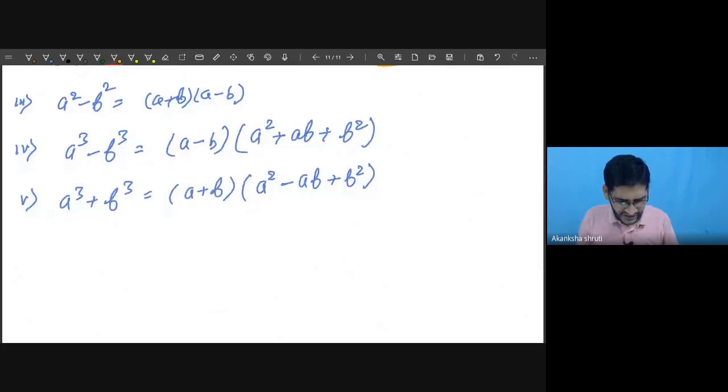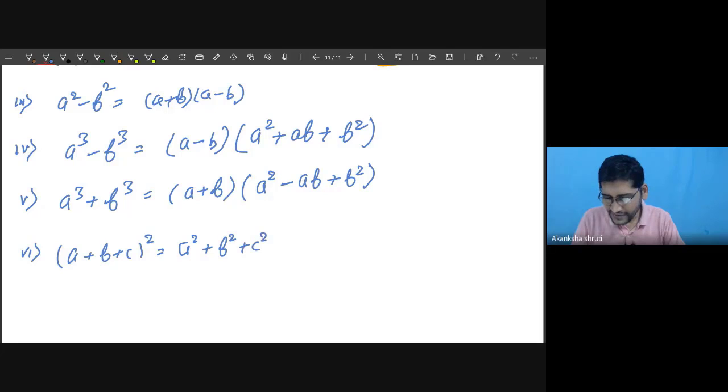In addition to this, we have to keep in our mind the other identity, (a plus b plus c) whole square. Okay, student? What does it become? A square plus b square plus c square plus twice of ab plus twice of bc plus twice of ca.